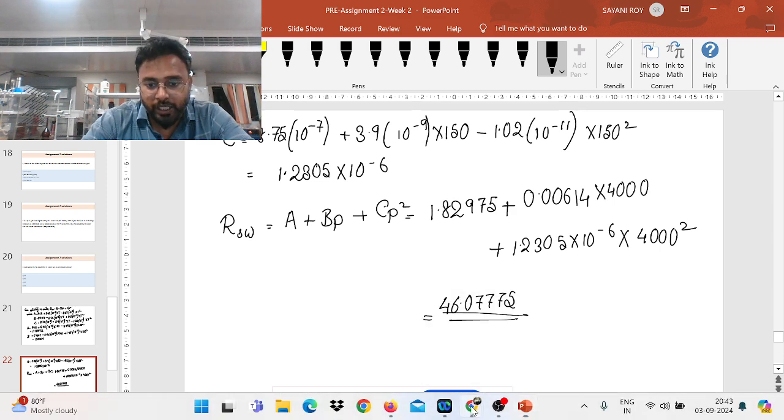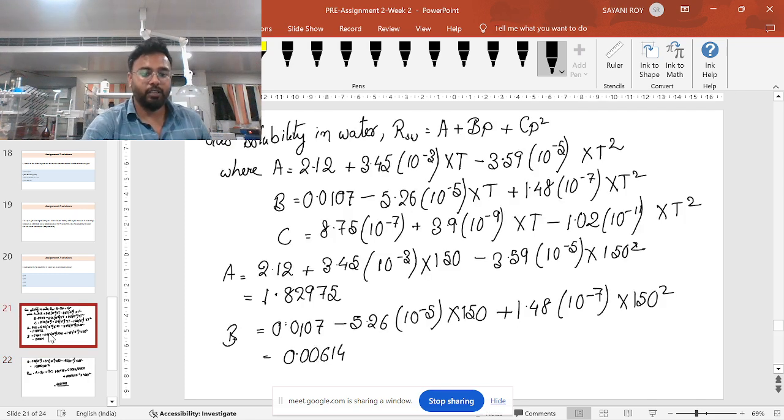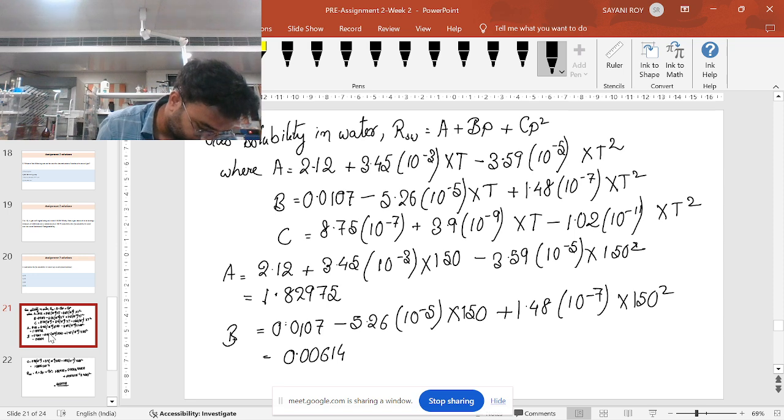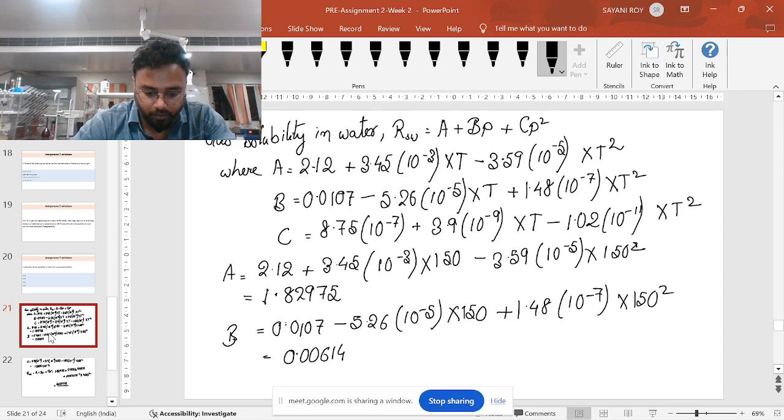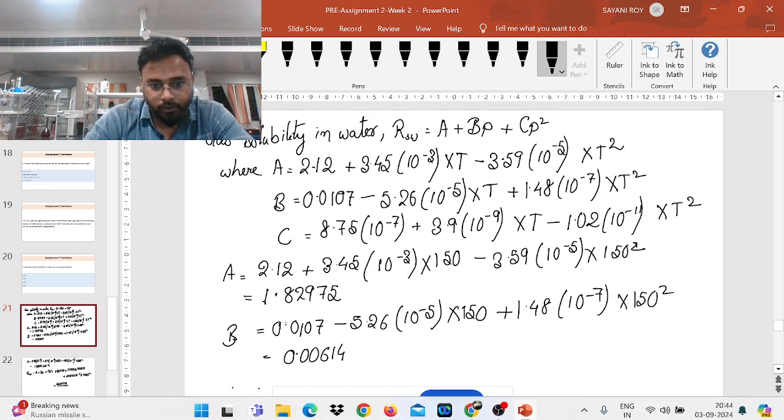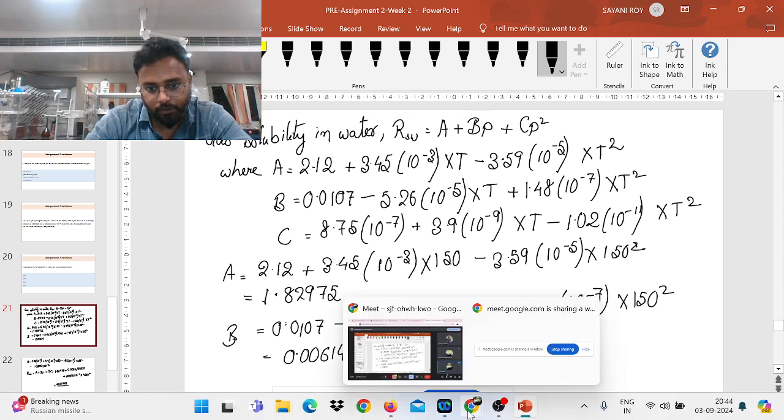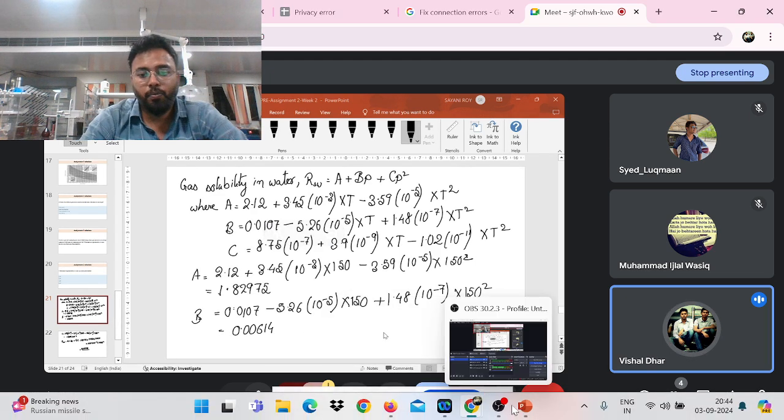So this numeric is a little bit lengthy. First you copy down this slide, then after 5 minutes I will go to the next slide. Copy down this one, then we will go to the next slide.